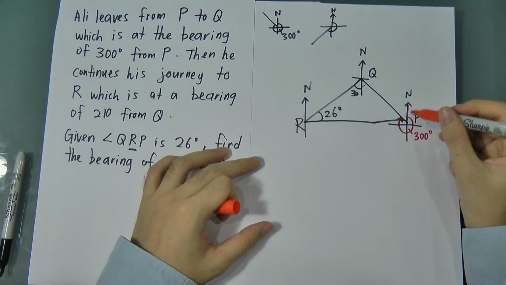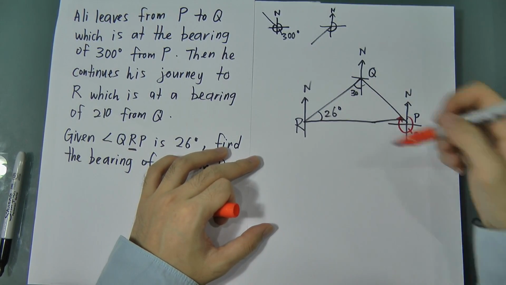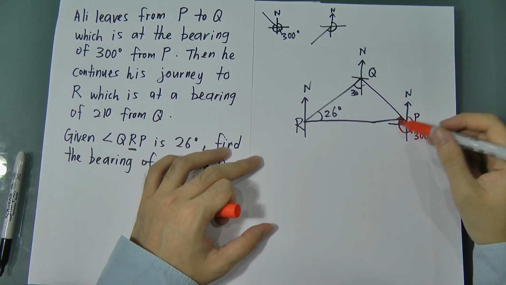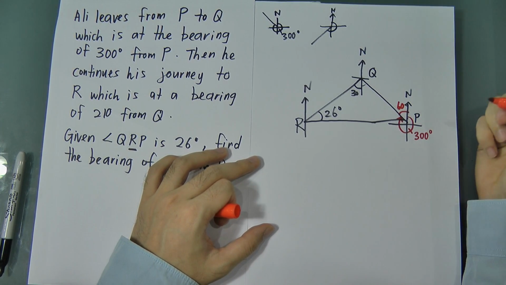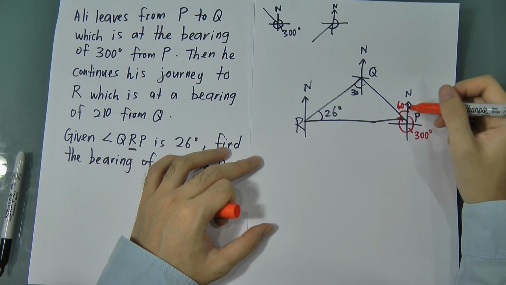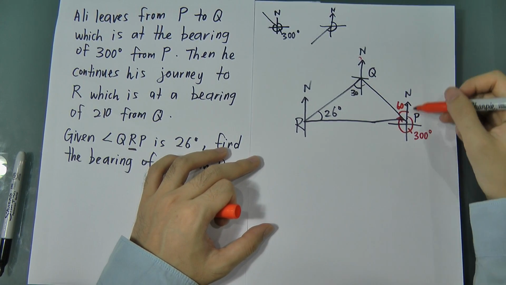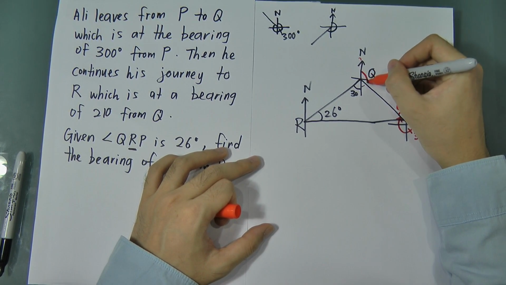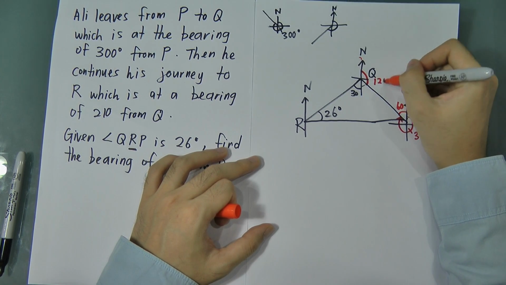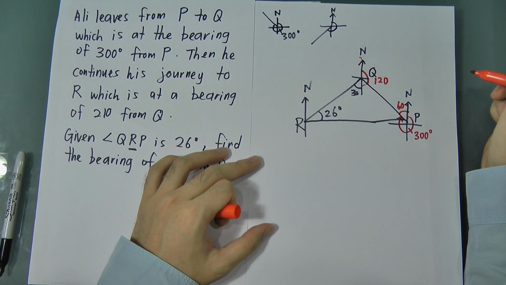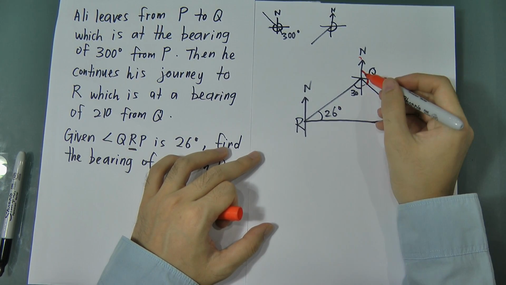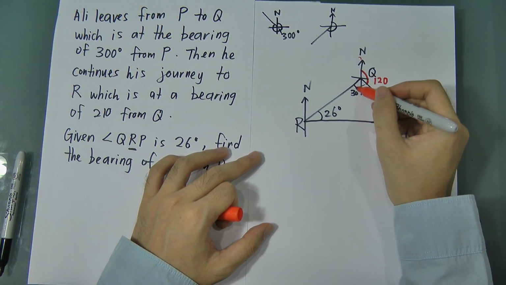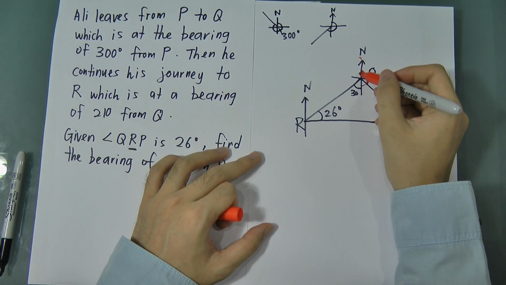So the first information I can see from this diagram is this is 300, here will be 60, because one circle is 360, so here will be 60. If here is 60, because of the parallel rule, we know here will be 120. If here is 120, we know this is 210, so here will be 150.